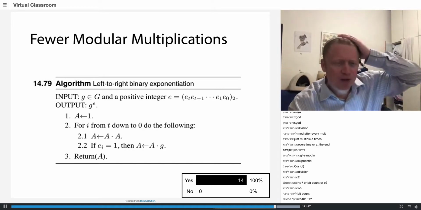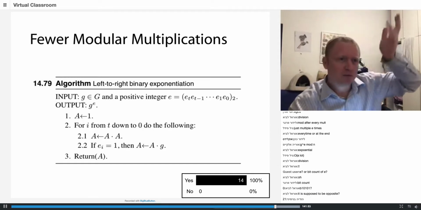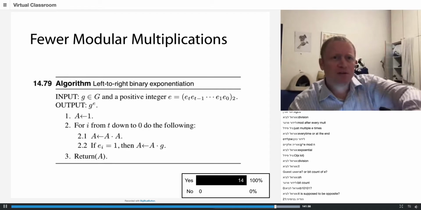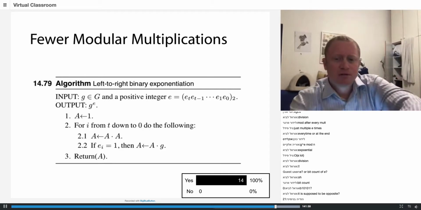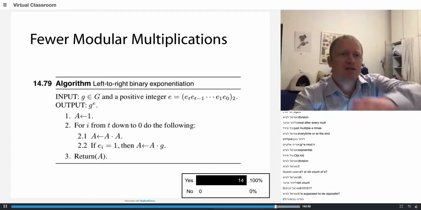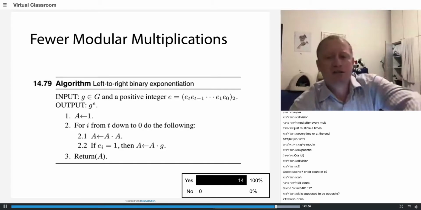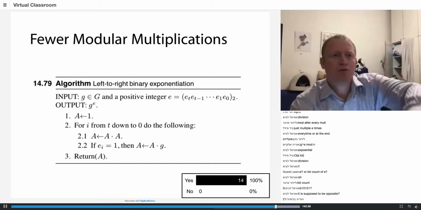It's 21, I think. Yeah, so this is equal to 21. I don't want to do this 21 times. This is expensive. So to do it using left to right, I'm going to start with a equal to 1.